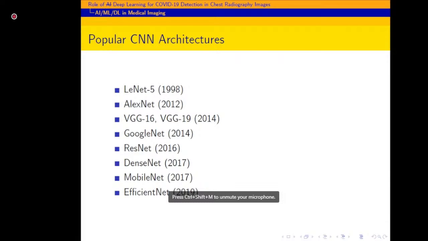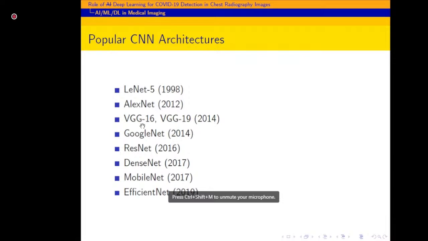And we all know if my model suffers from overfitting, then obviously my model will not generalize well. That means my model will not perform well on unseen data. That is why over the years, researchers have tried to develop lightweight models, meaning models having fewer parameters with improved performance.